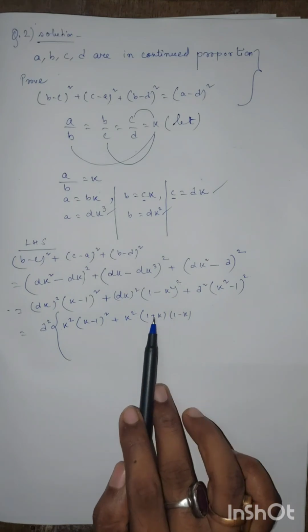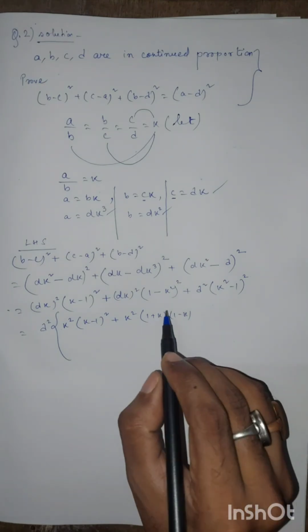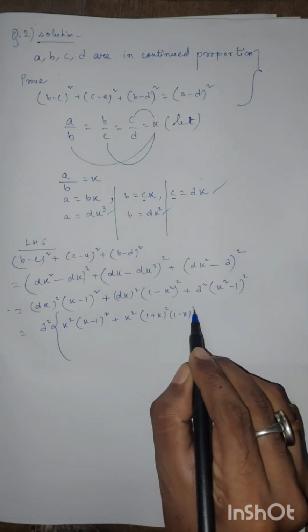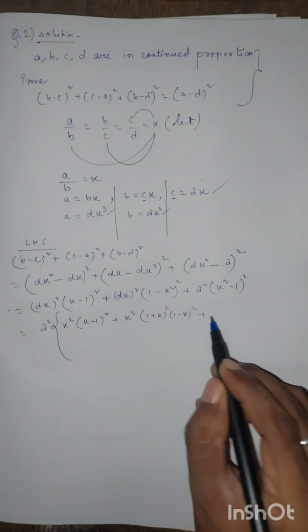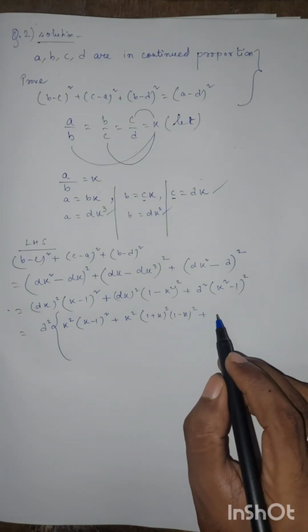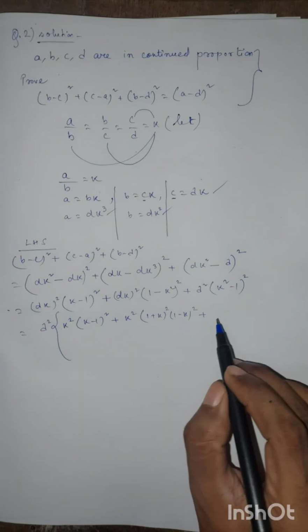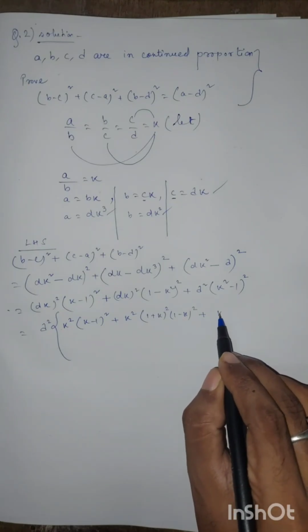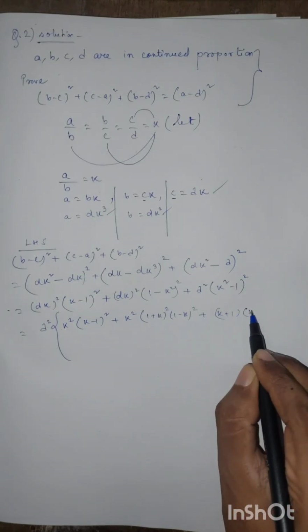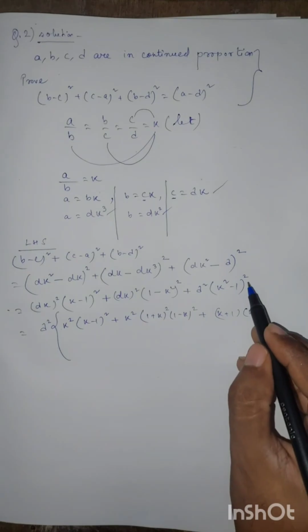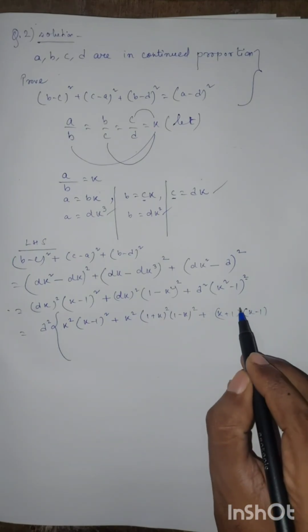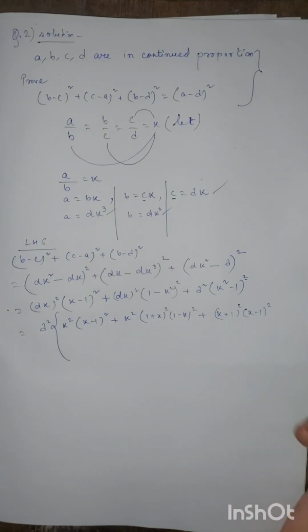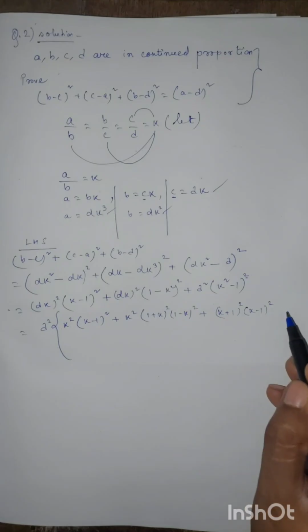This square is distributed to both of these things. So it becomes 1 plus k square 1 minus k square plus k square minus 1 can be written as k plus 1 into k minus 1. This square is distributed to both of these terms. So we get this thing.